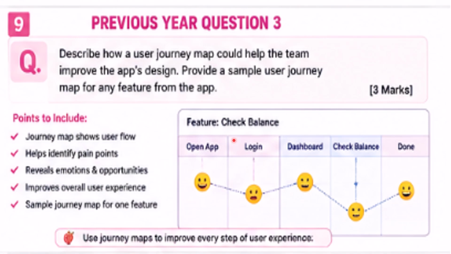For example, while checking an account balance, users may feel frustrated during login but satisfied after successfully viewing the balance. By visualizing these experiences, designers can simplify workflows and improve the overall user experience. So use journey maps to improve every step of user experience.